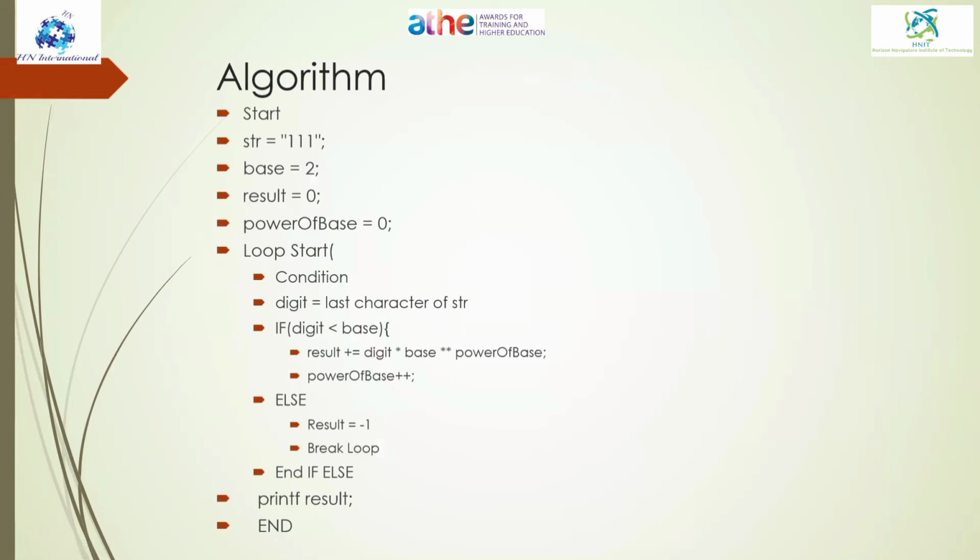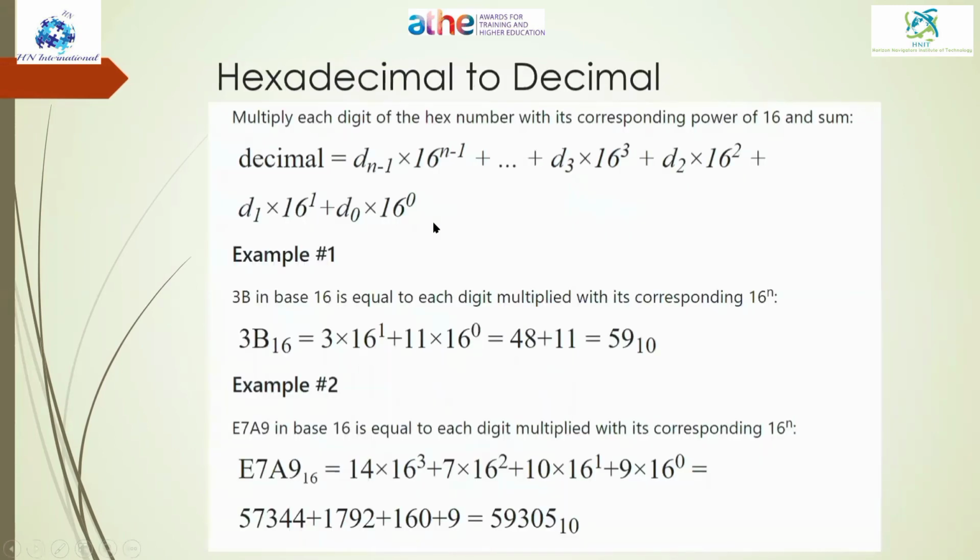So this is the algorithm for converting back to decimal. Now here we have a string of binary, and we have a base 2. We also have a result here as well. Here, see the power of base.